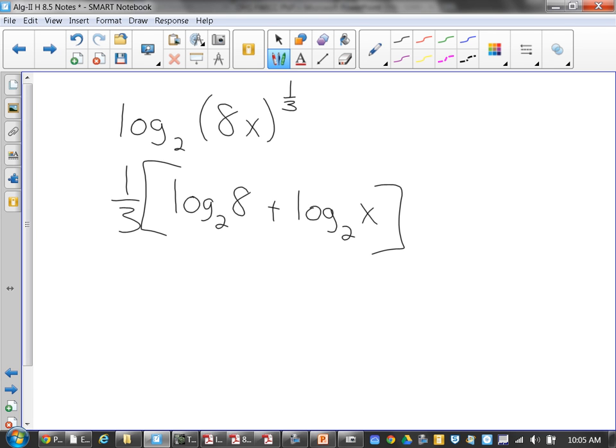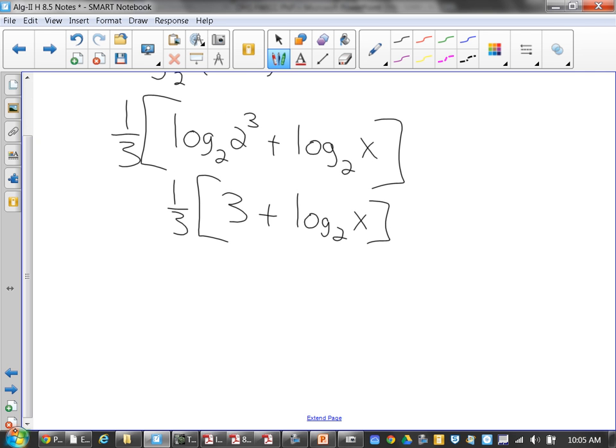But then you can simplify the log base 2 of 8. What do you simplify log base 2 of 8 to be? 3. Excellent. Because 8 is 2 cubed. So now you have 1/3 of 3 plus log base 2 of x. So now you could distribute.